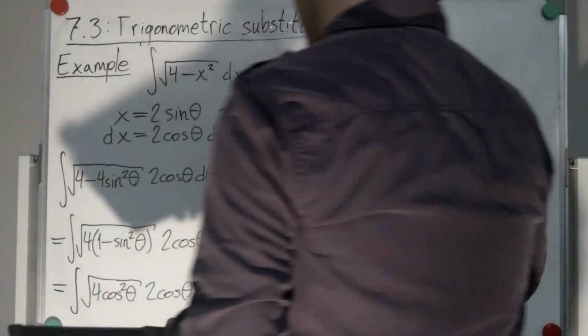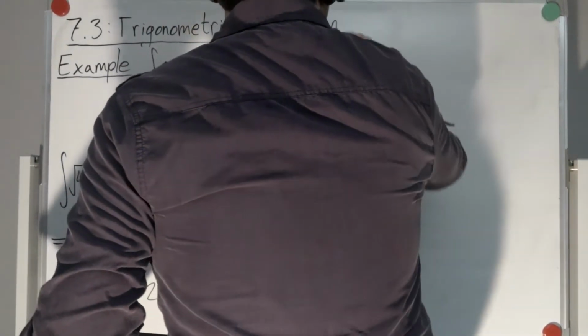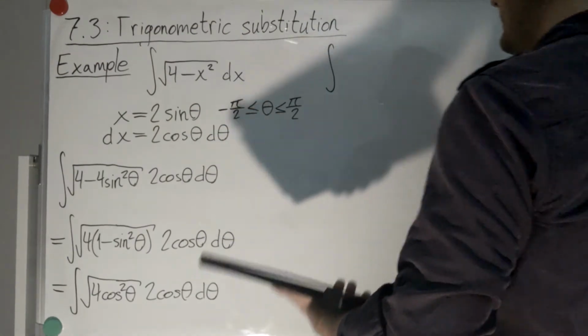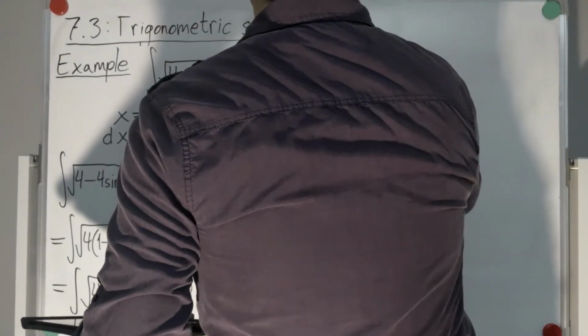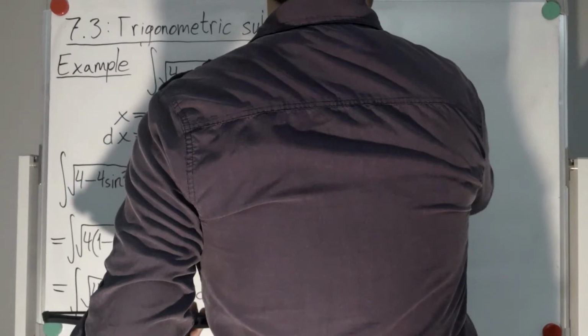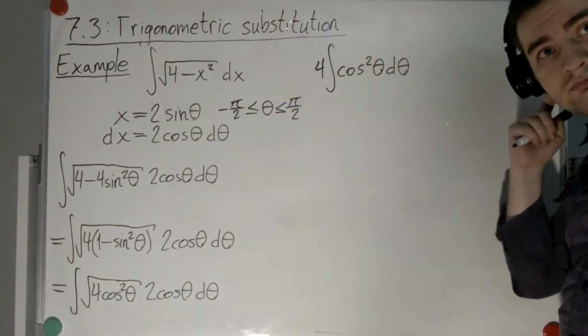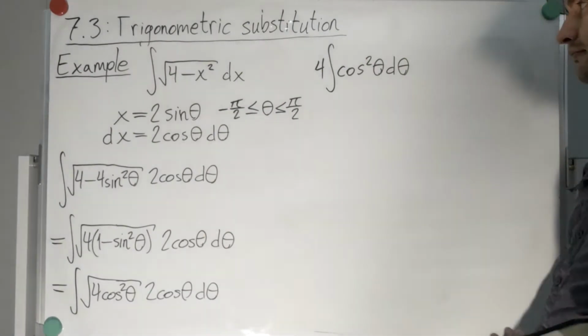Okay? So what we get here is the integral of 2 times the cosine of theta times 2 times the cosine of theta d theta. I'm just going to take out those 2's and put together the cosines, so we get 4 cosine squared theta d theta. Okay?